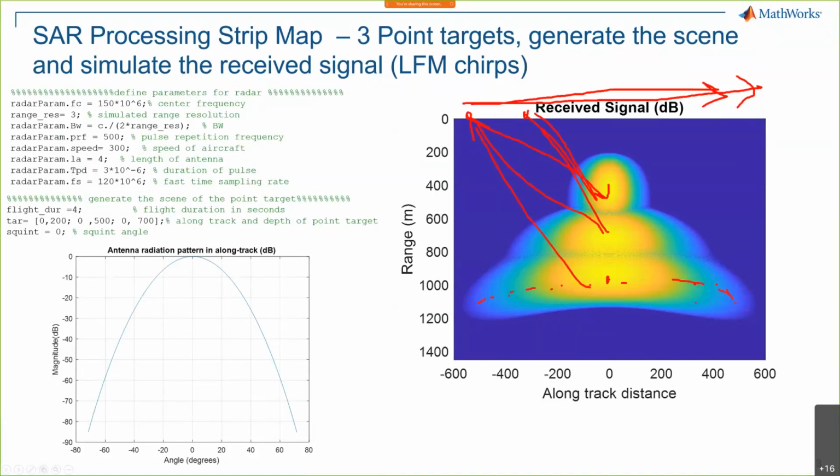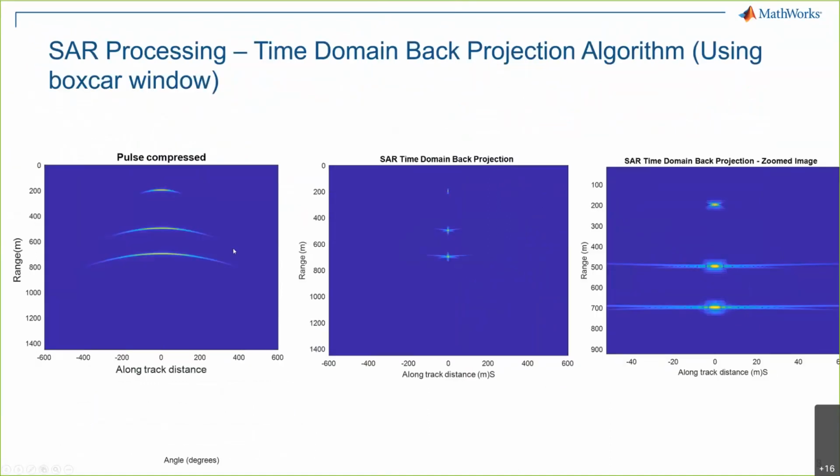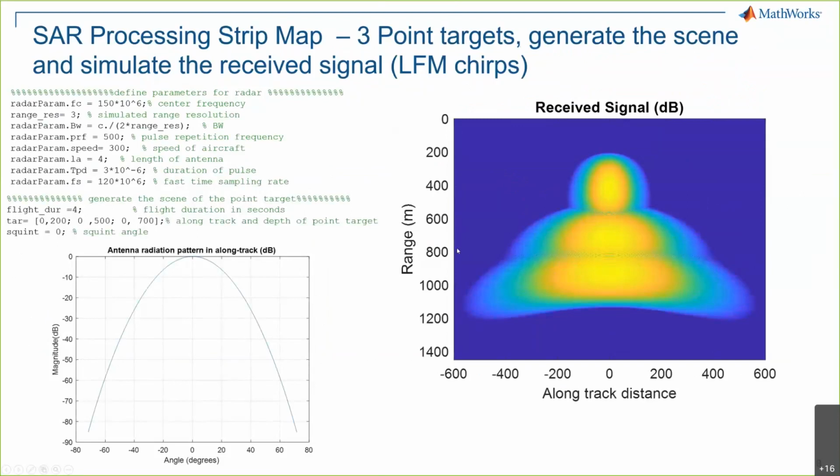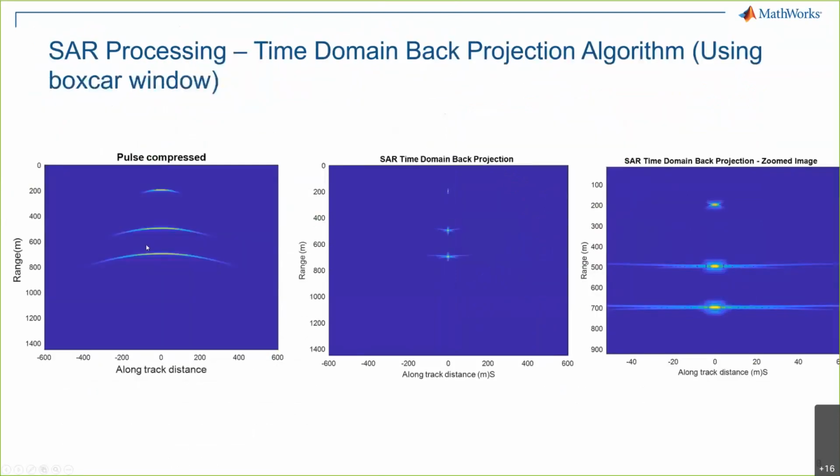And what this focusing algorithm, which I would be talking about, does is focusing in 3 stages. The first stage is pulse compression, where this wide beam gets compressed to thin lines, but then these are parabolic structures for the point targets.